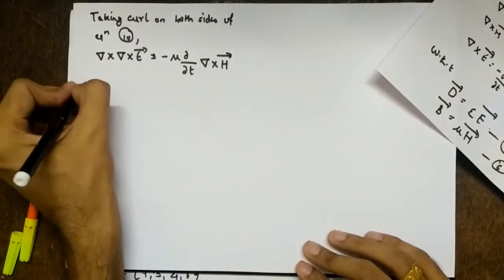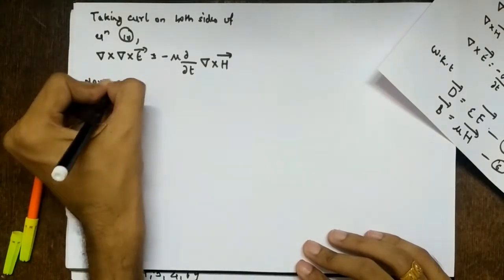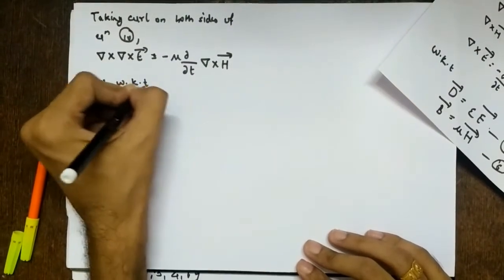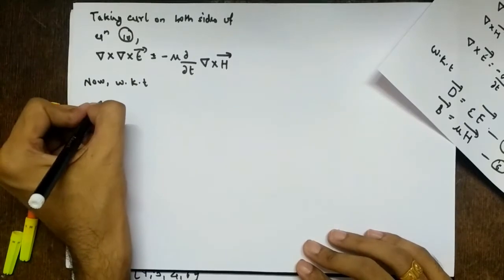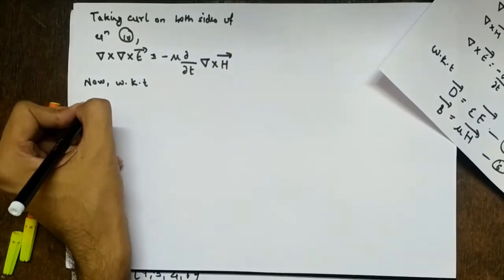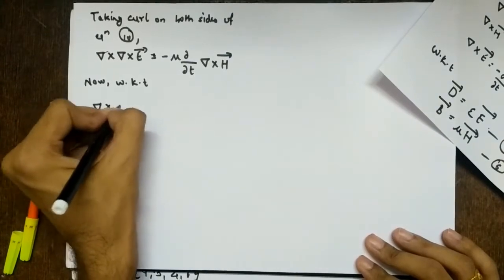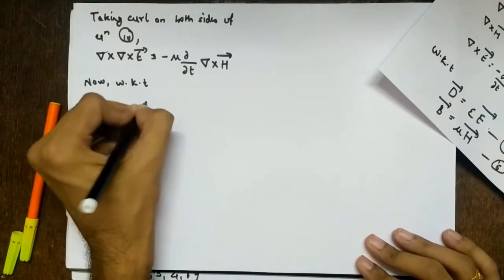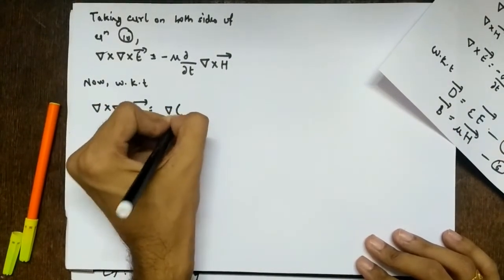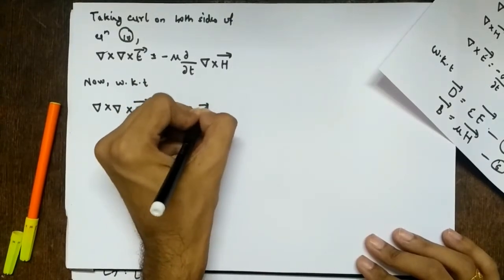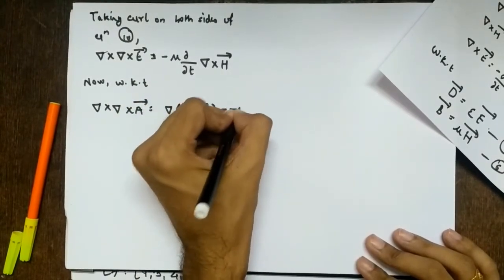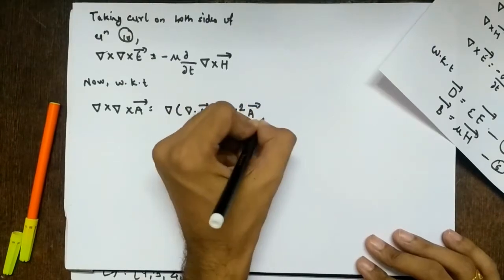Now you can use this short form in the exam also. It is a standard mathematical identity for this term. We know that del cross del cross A vector is del of del dot A vector minus del square A vector.